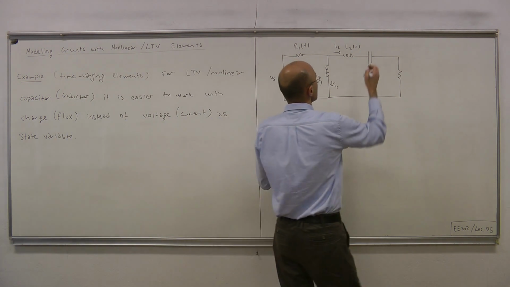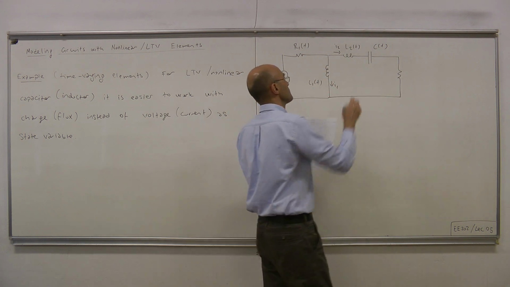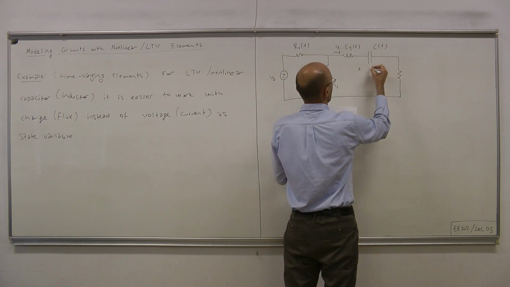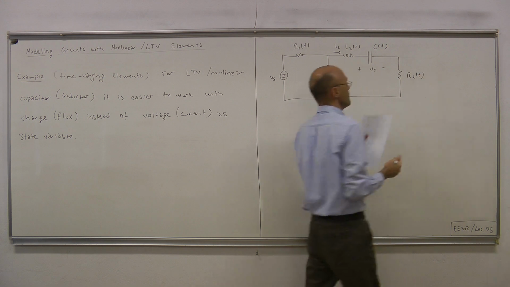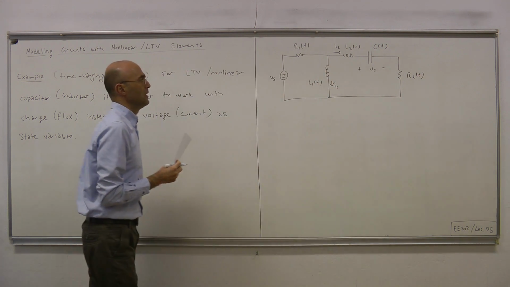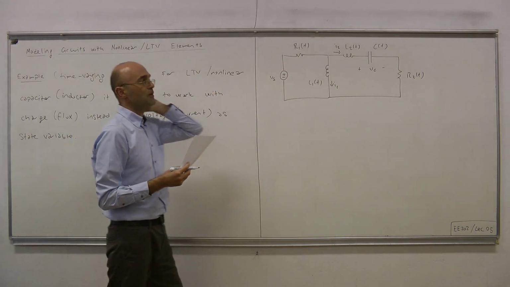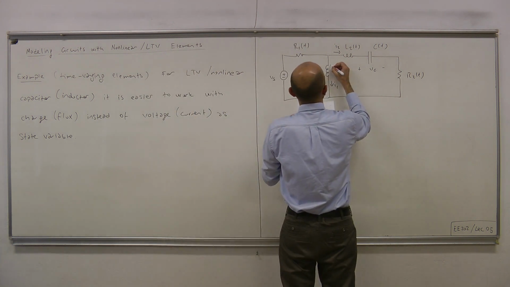We have a time varying capacitor, because the capacitance is a function of time. This is our capacitor voltage, Vc, and here we have the time varying linear resistor, R2(t). Furthermore, those two inductors happen to be coupled.